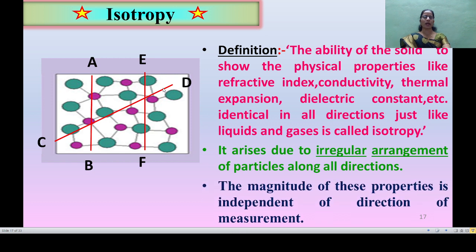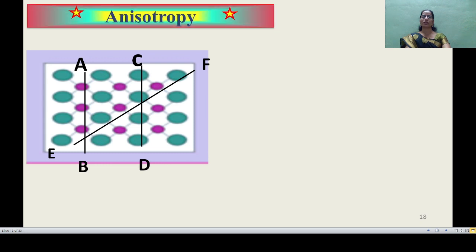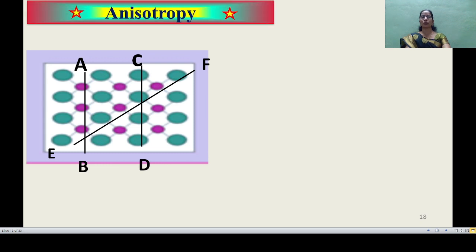That is, the magnitude of these properties is independent of direction of measurement. And we know that this irregular arrangement of particles is observed in amorphous solids, and hence all amorphous solids show isotropy. Now, let's study the anisotropy.